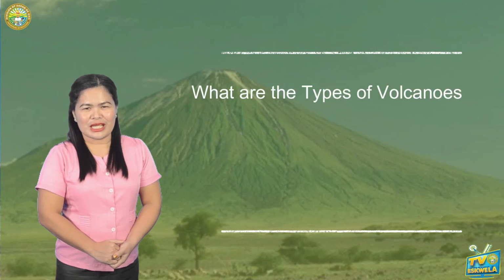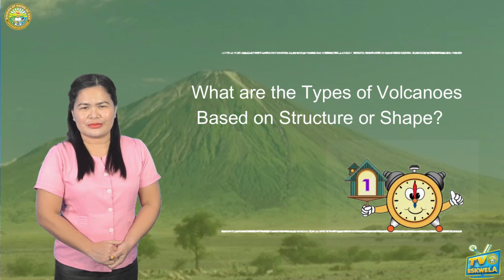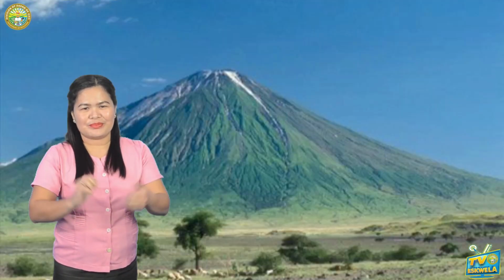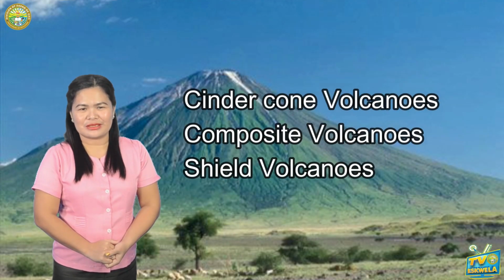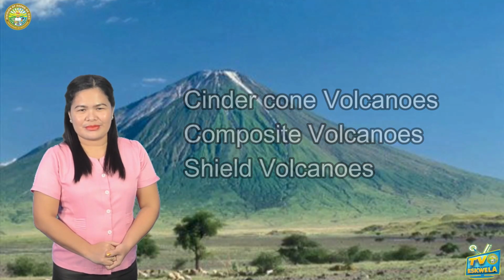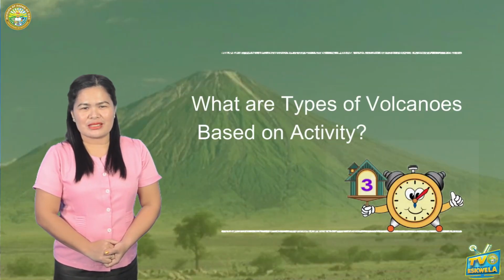What are the types of volcanoes based on structure or shape? Correct! There are cinder cone volcanoes, composite volcanoes, and shield volcanoes. What are the types of volcanoes based on activity?